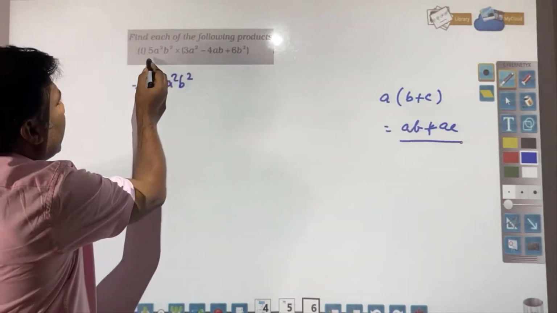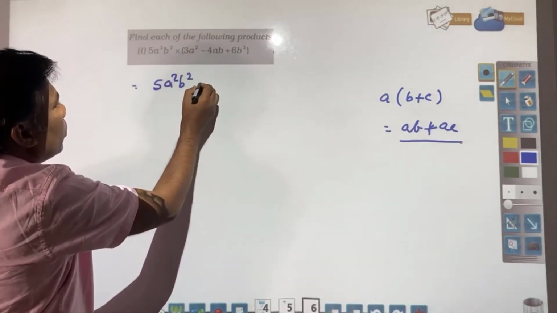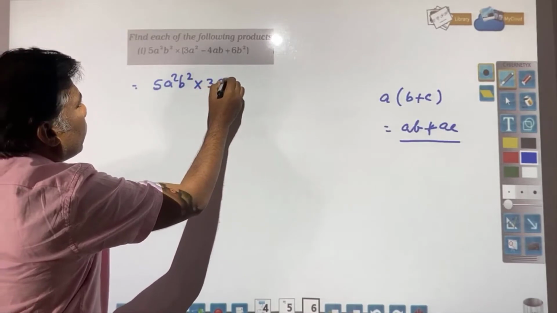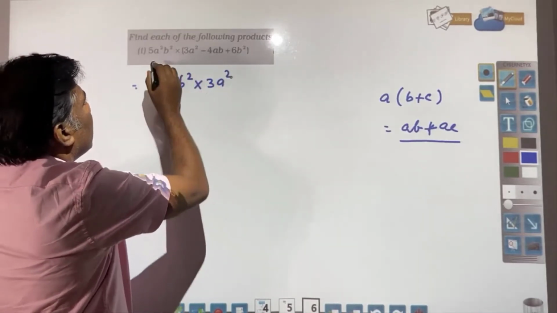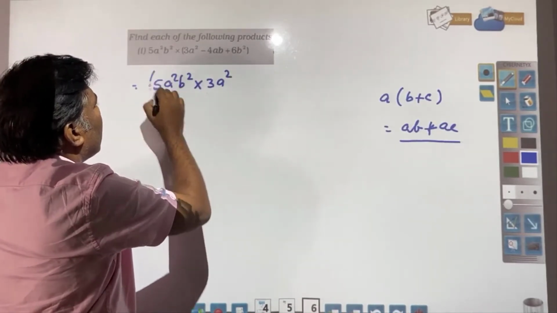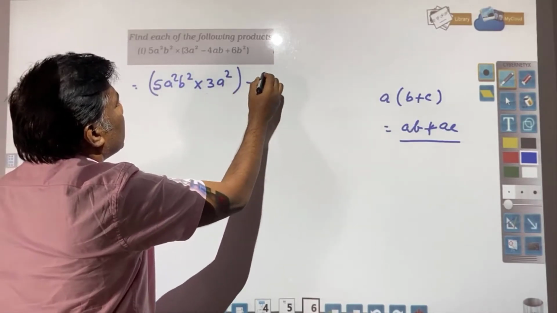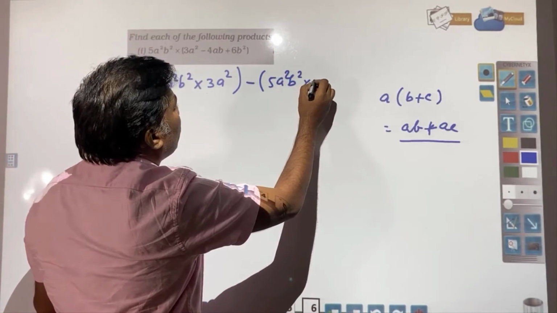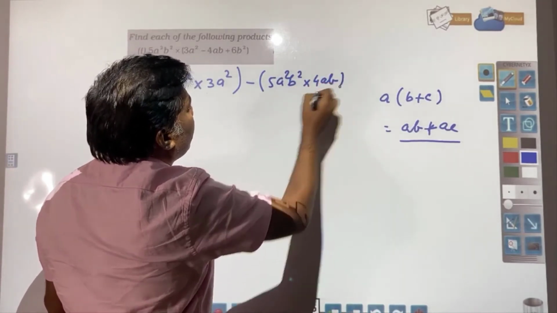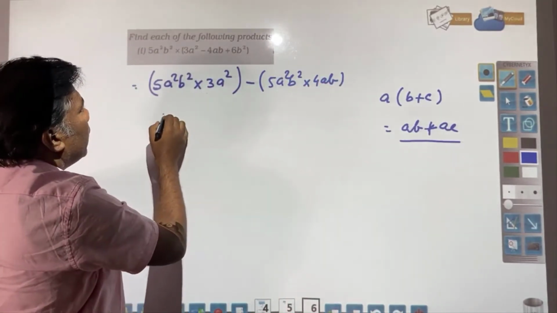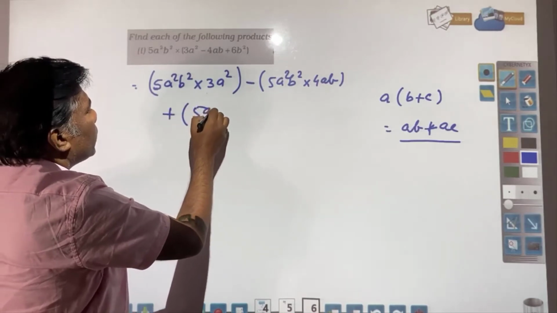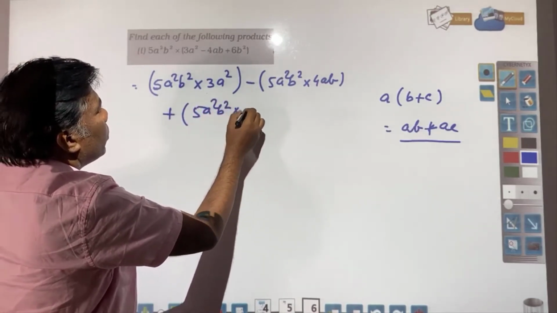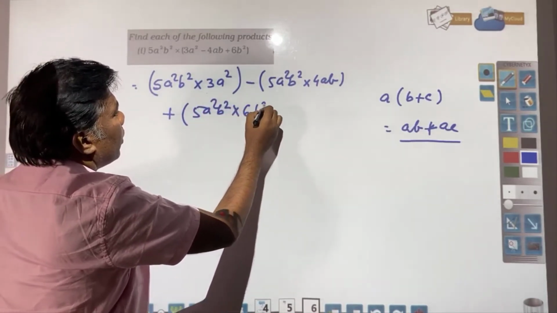Here you see 5a square b square into 3a square. Then minus 5a square b square into 4ab, because minus already you have taken. Then you have plus 5a square b square into 6b square.